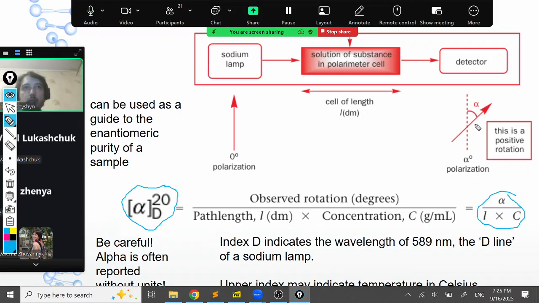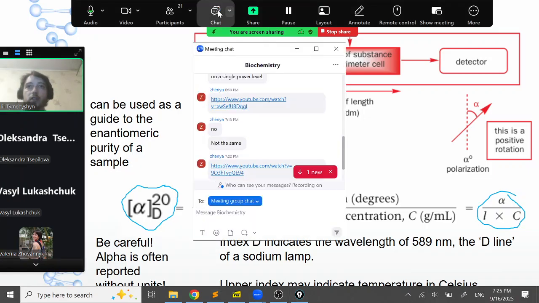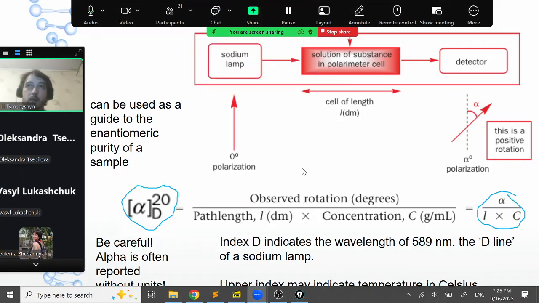Suppose we have the same chemical, but you measure on your device with, I don't know, cell length 1 decimeter, and I measure with cell length 2 decimeters. Do we get the same result? No, not at all. And that sounds not very interesting, because we have the same chemical, probably the same concentration, so everything is the same, but we have different results. So it's not good.